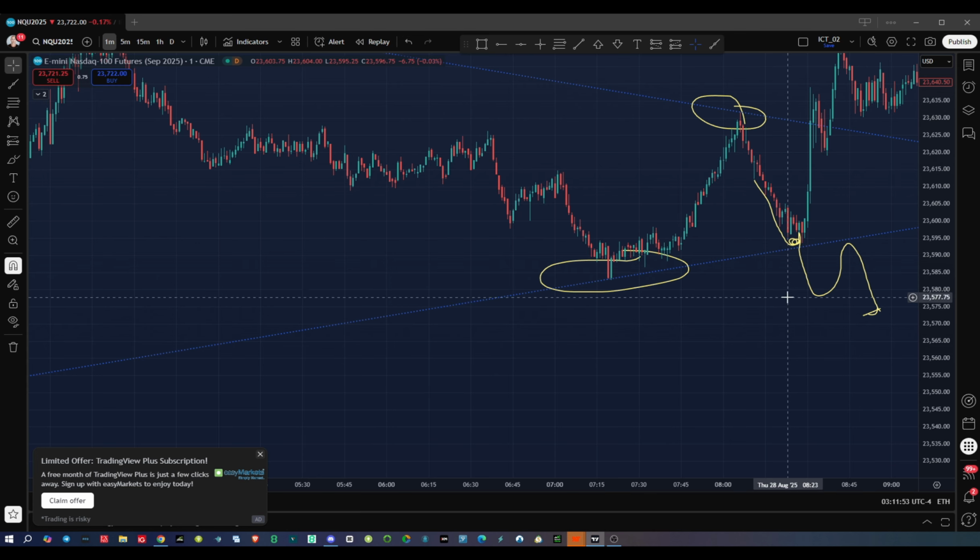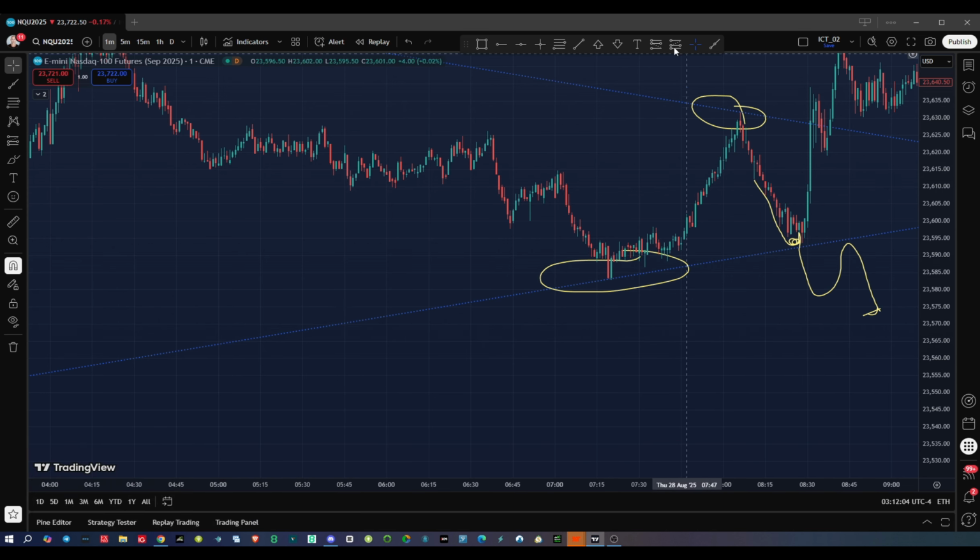First we need to identify the significance of the trend line. Is it something we can use to trade off or not? I'll remove this quickly. Looking at those lines, I would definitely take a trade off it.